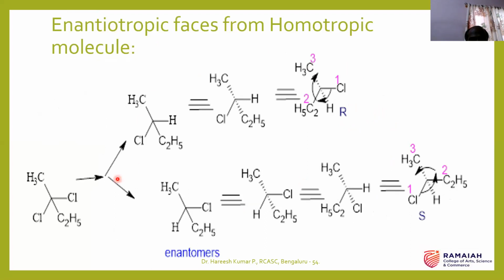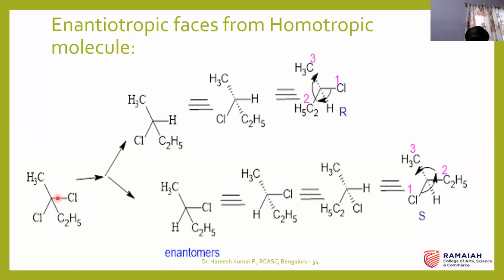Here you can observe that I'm using the terminology called enantiotopic faces and enantiotopic groups. You can consider that two groups are there here, Cl and Cl. If you replace one Cl, you will end up with one enantiomer. If you replace the other Cl, you will end up with the other enantiomer.